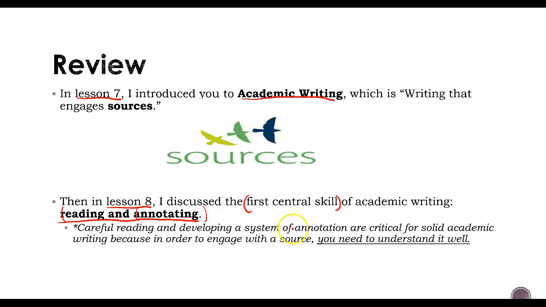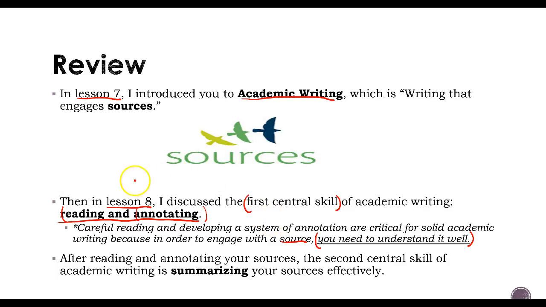Careful reading and developing a system of annotation are critical for solid academic writing because in order to engage with a source, you need to understand it well. There's no way you can write academically about a source well without first understanding the source. But after you read and understand your sources well, the second central skill of academic writing is summarizing your sources effectively.